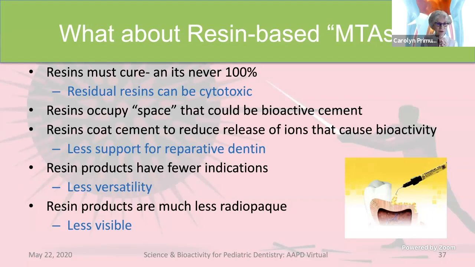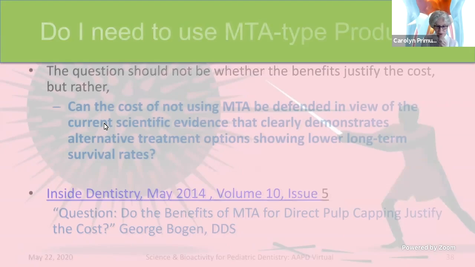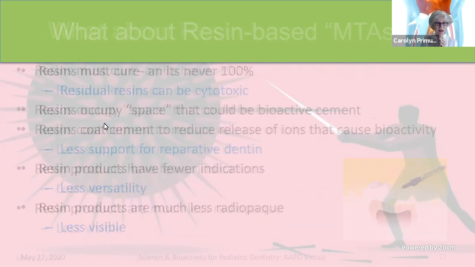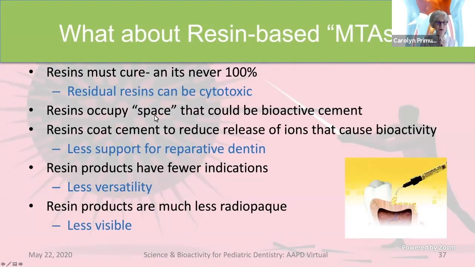And I really don't want to take up the space in a formula, because your formula has to add up to 100%. And if you use 30% resin, then that part of the composition is not bioactive cement.